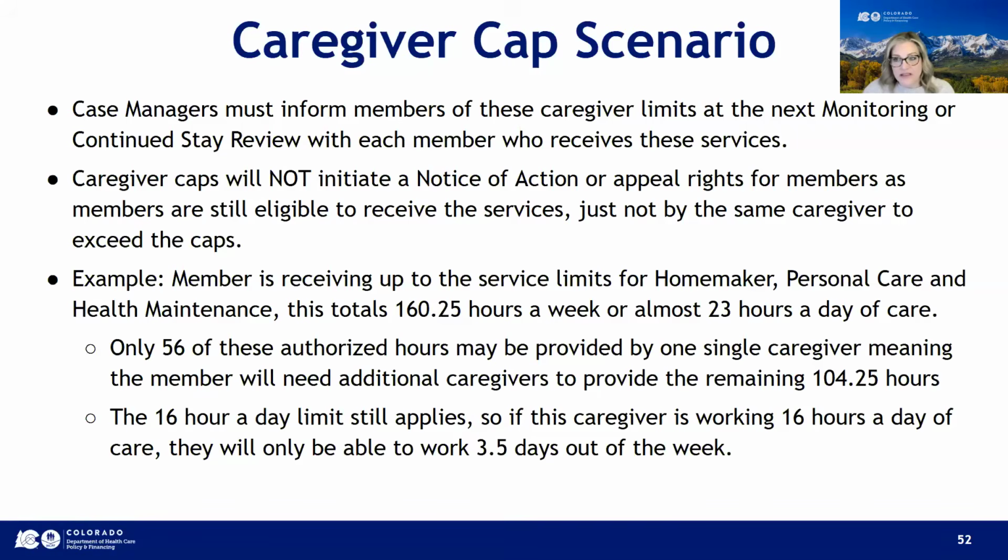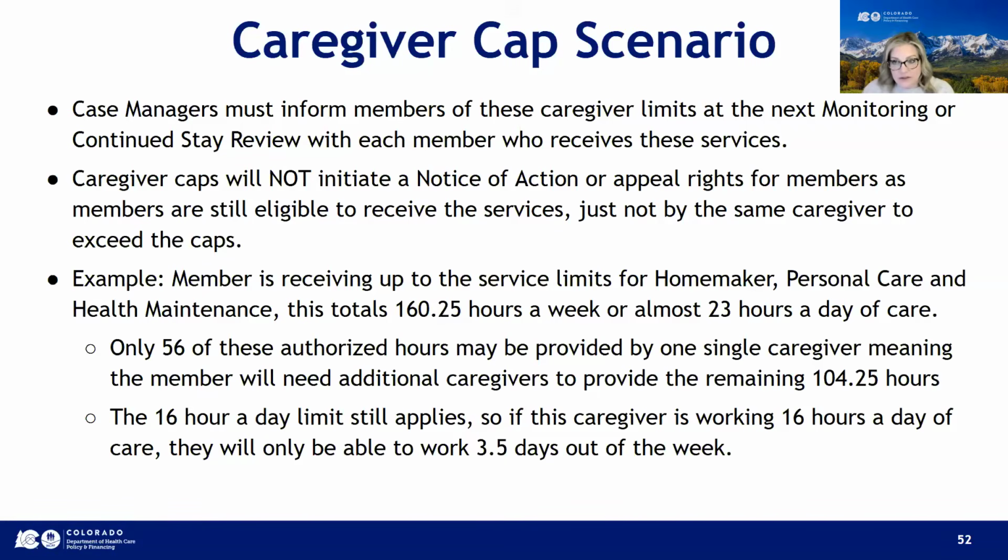There is a provider agency responsibility to ensure they are not going above the limits. If the member's caregiver is over the limit and they do not intend to find an alternative provider, you must document this in the care and case management system as an activity log.